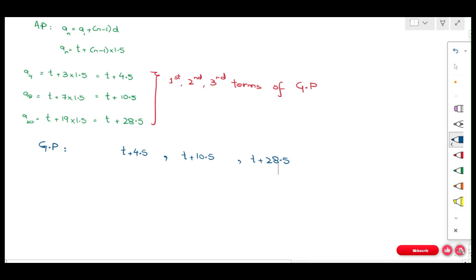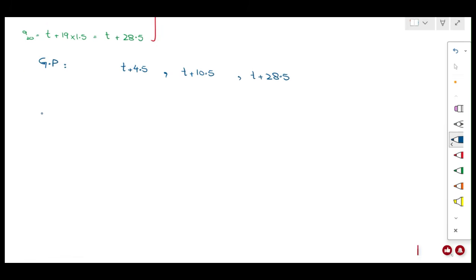For a geometric progression we have a common ratio, so the second term divided by the first term should equal the third term divided by the second term.